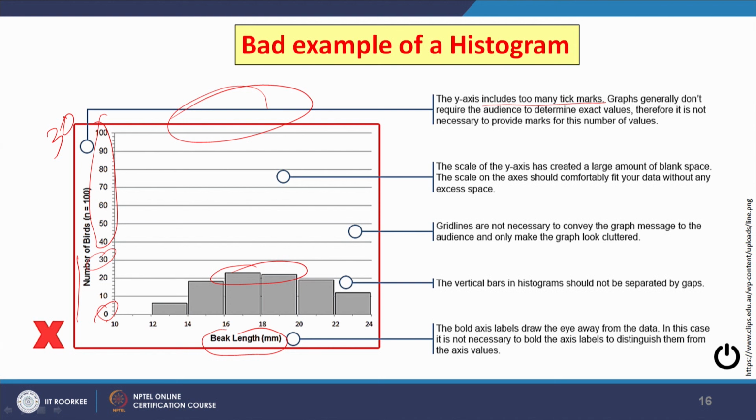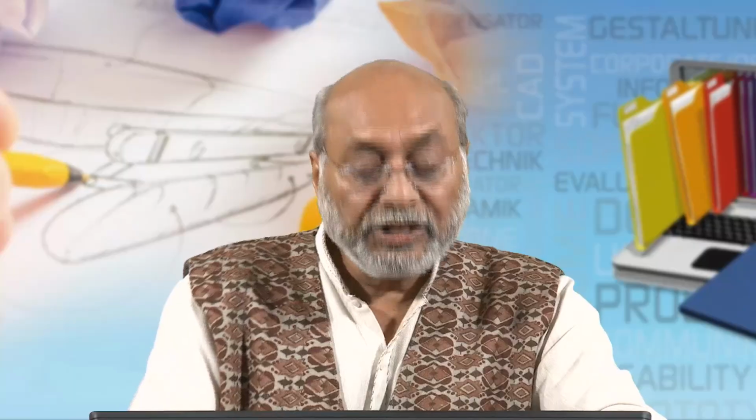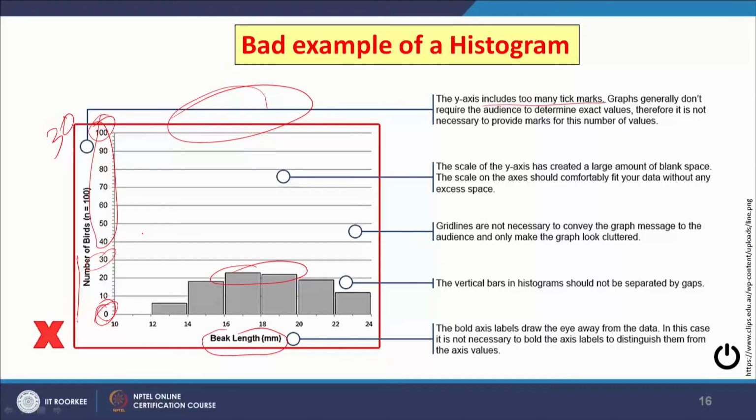Nobody has told you that by default the values must be between 0 and 100, but that is as per the software design. You need not; you can have just up to 50 or 30, and then the differentiation will come. Some people, if they do not want to show too much difference in the beak length of these words, will keep this kind of axis, so that the entire area is just free of information.